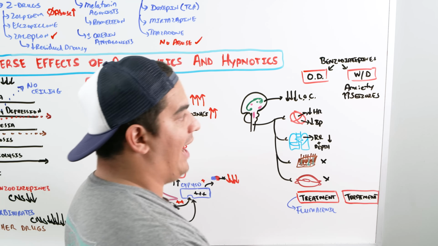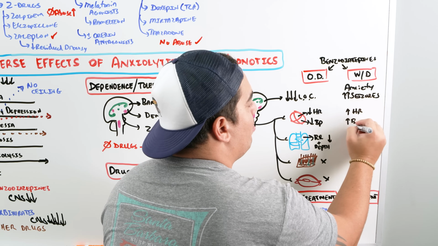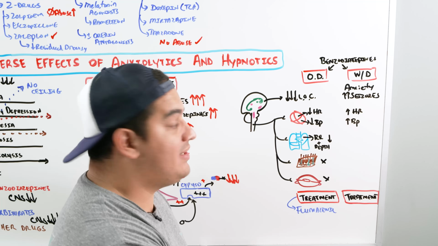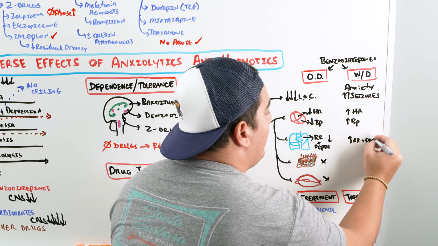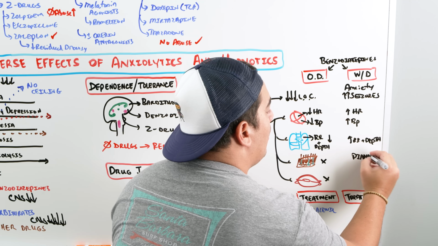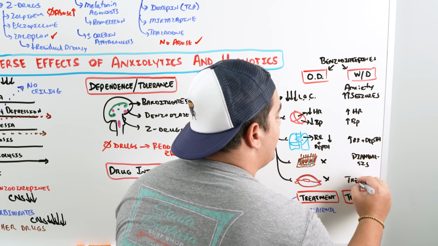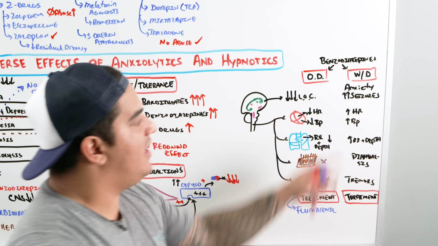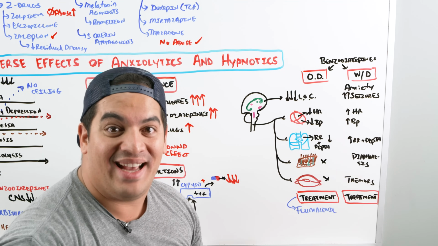This is a scary fact, right? They can also develop an increase in their heart rate and blood pressure, so they become tachycardic and hypertensive. They can also increase their respiratory rate and depth. They can also have diaphoresis, and they can have tremors. If all of these things are present in a patient who just discontinued their benzodiazepine, guess what?